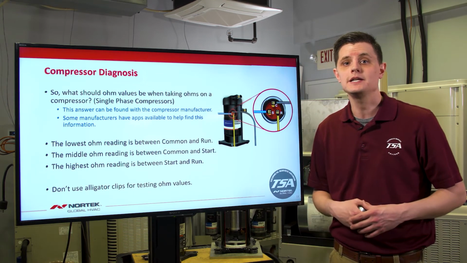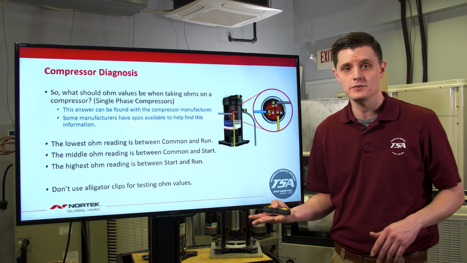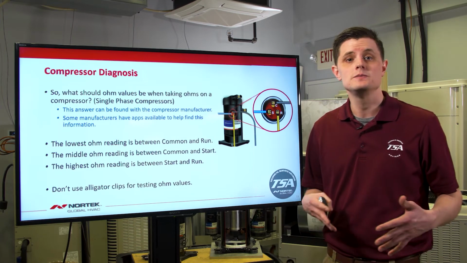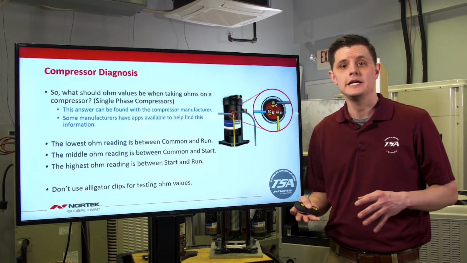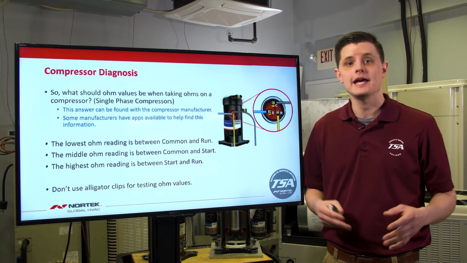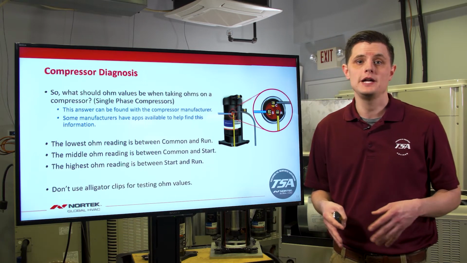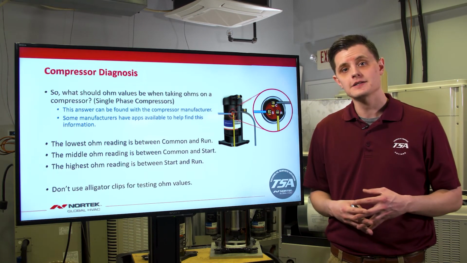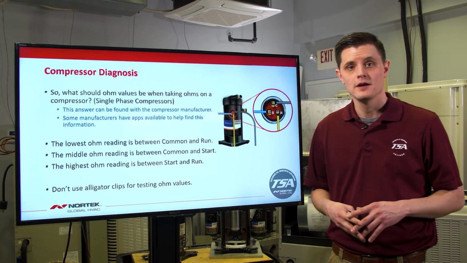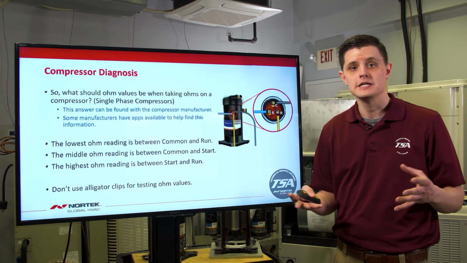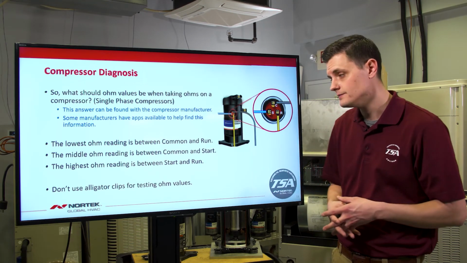So your start winding is always going to be higher than your run winding when it comes to your ohm value. And then your third and highest reading is going to be the resistance reading that includes your run and your start terminal on the compressor. So you're actually going to be reading both windings together, and that's going to give you your highest reading. Just to reiterate, your start winding is going to be higher than your run.